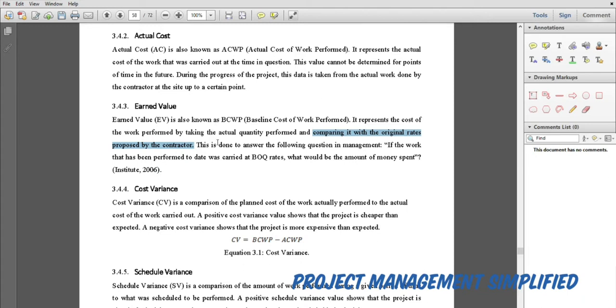This is done to answer the following question in management: if the work that has been performed to date was carried out at BOQ rates, what would be the amount of money spent? We will have an example for this one. It will be more clear for you.